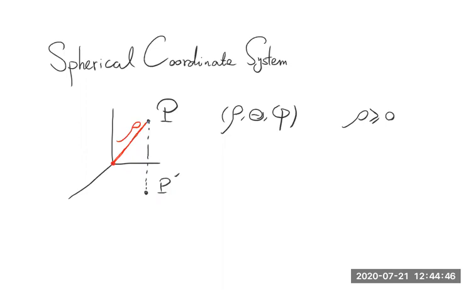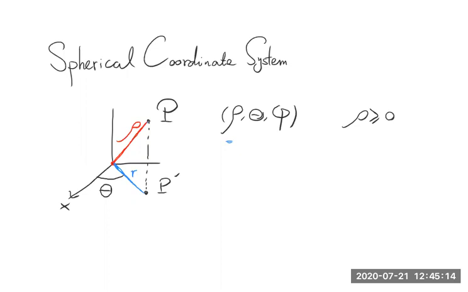We can look at the vector which connects P prime to the origin. That distance is now R, which we don't care about anymore. Here we only care about rho. Now we can look at the angle this blue vector makes with the positive direction of X. We call that angle theta.